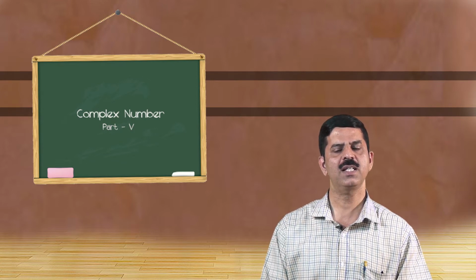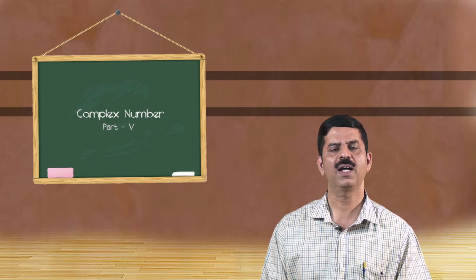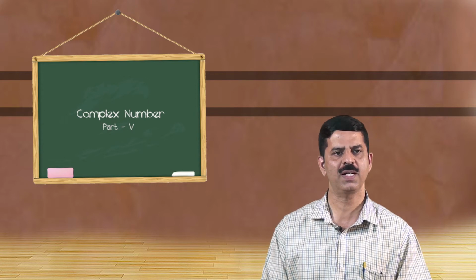Here the set S is called the domain set and the set C is called the codomain set.